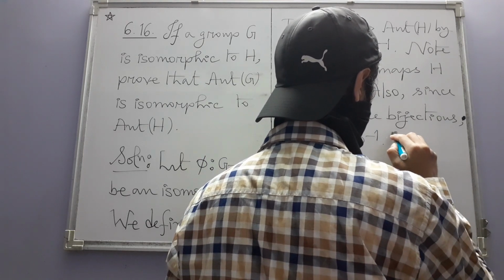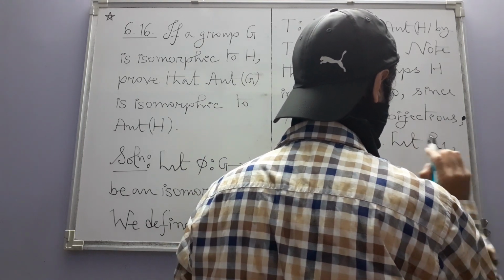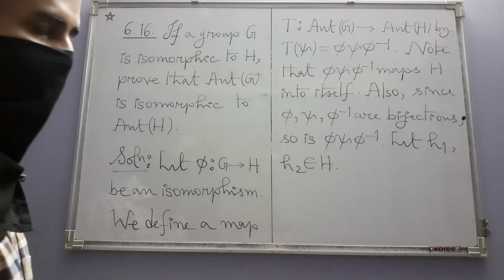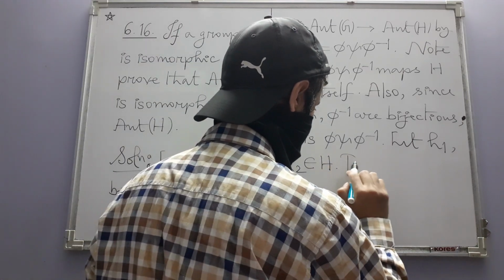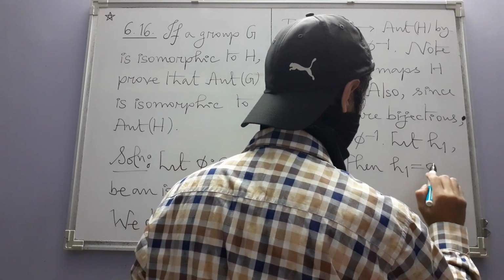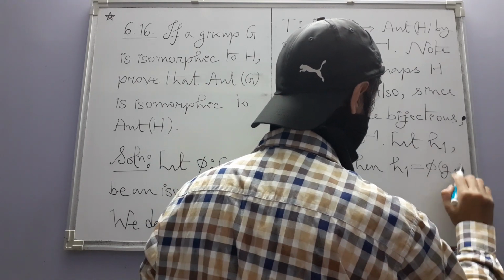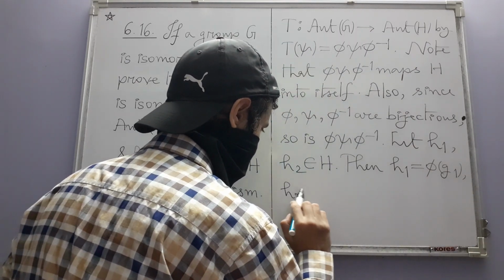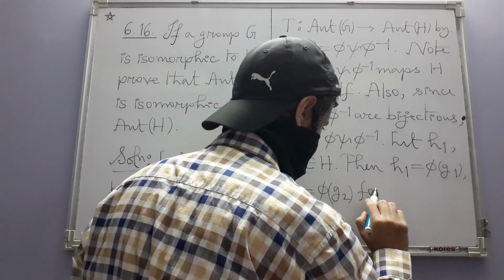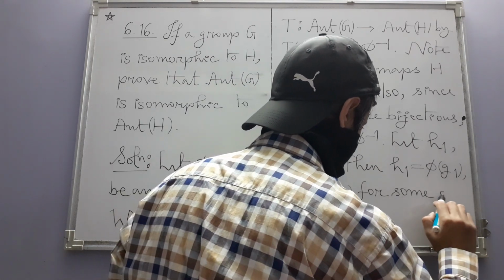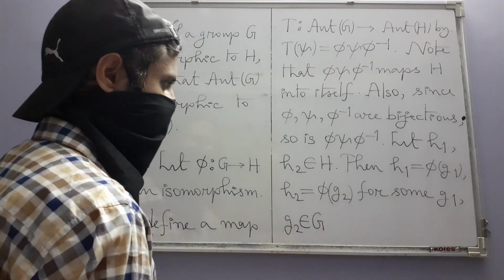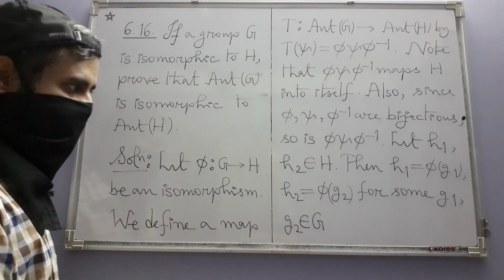So for that, let H1 and H2 be two elements in H. Then H1 is equal to phi of G1 and H2 is equal to phi of G2 for some G1 and G2 belonging to G. What is the guarantee that G1 and G2 exist?